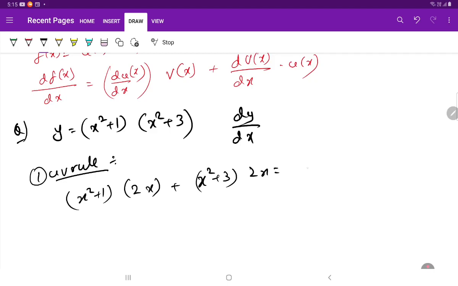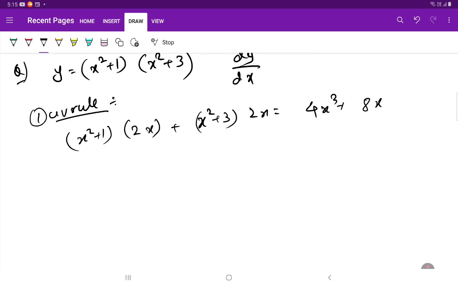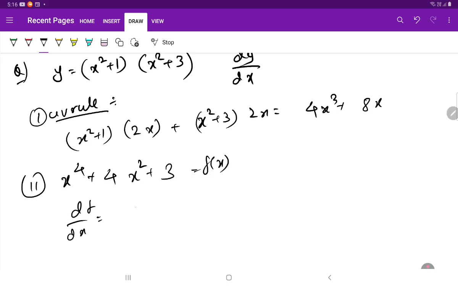On simplification, you will get 4x cube plus 8x. And if you use the normal method, just expand them: x to the power 4 plus 4x square plus 3 is equal to f of x. Then df by dx is 4x cube plus 8x.